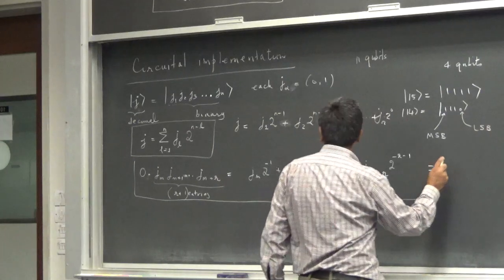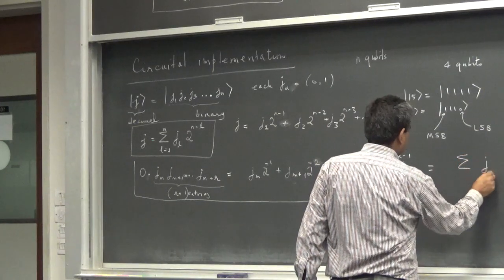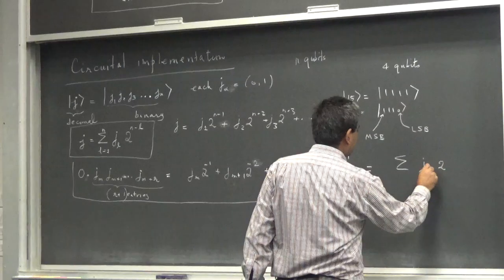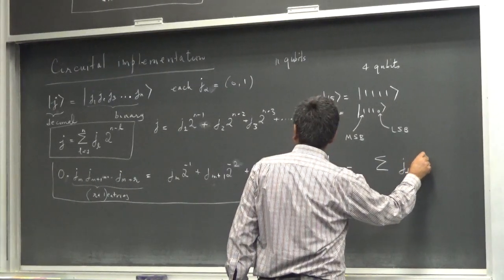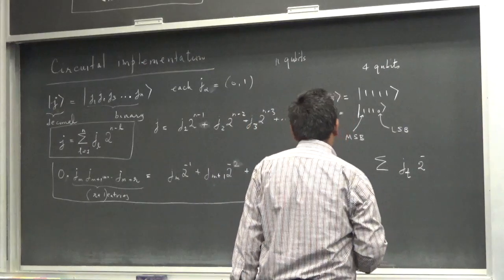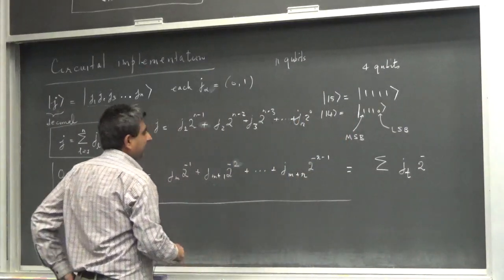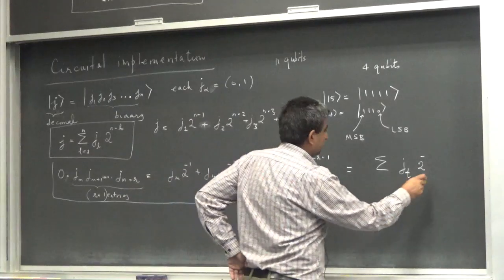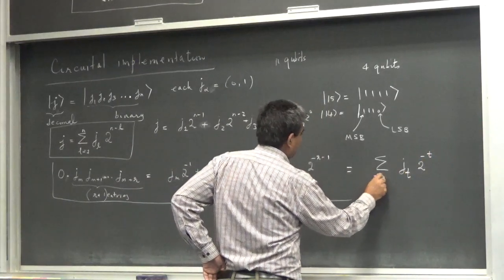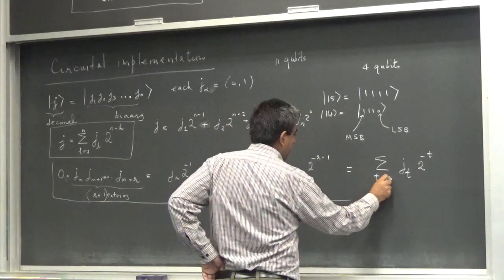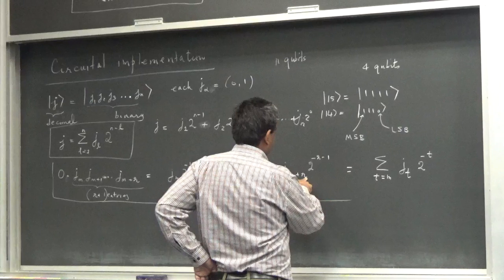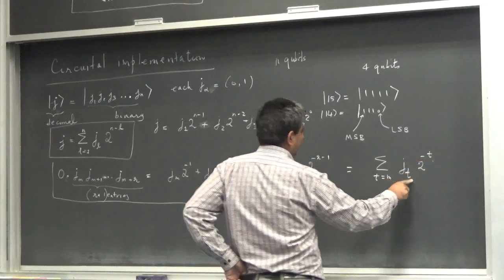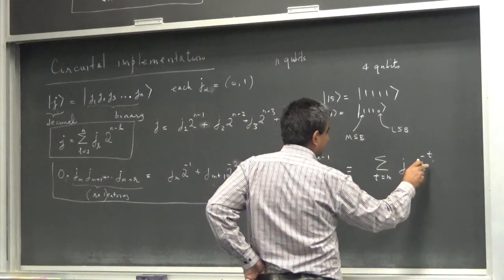This of course can be represented as the sum of j_t, 2 raised to the power minus, so this number here is t, where t goes from m to... this is right.